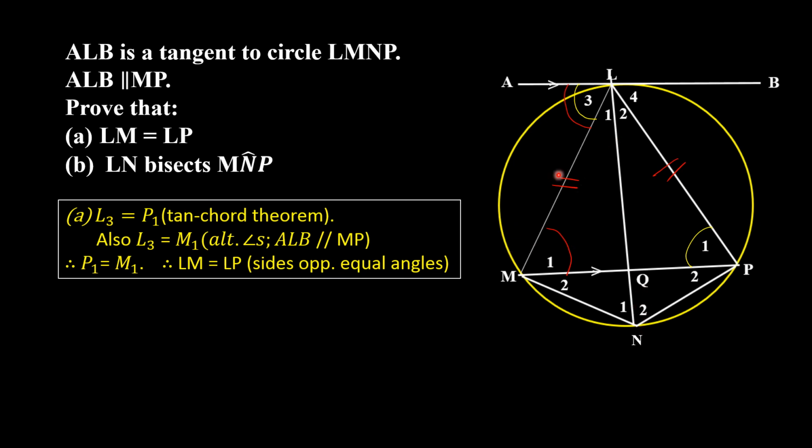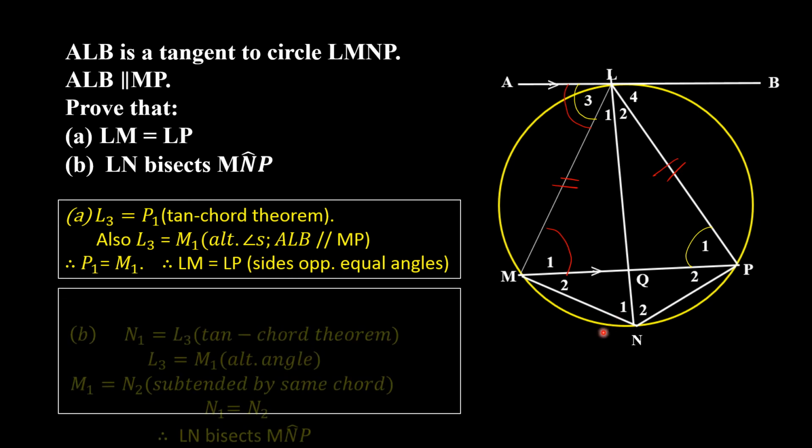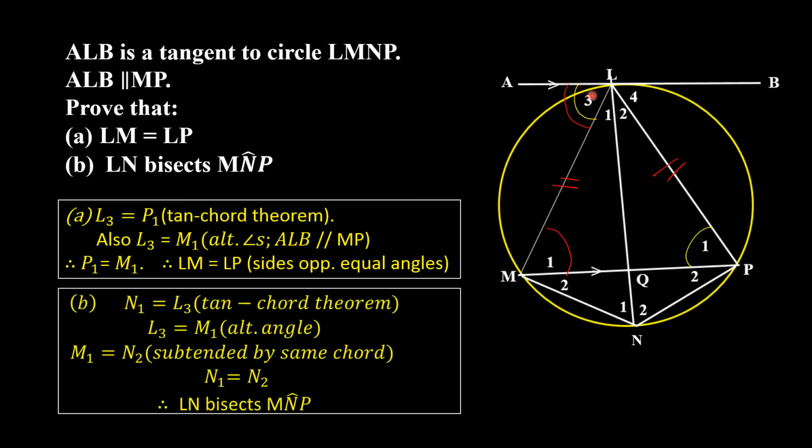Now, when we look at N1, N1 is subtended by LM, and N1 must be equal to angle L3, tan-chord theorem. So N1 equals L3, tan-chord theorem, and L3 is already equal to M1, alternate angles.